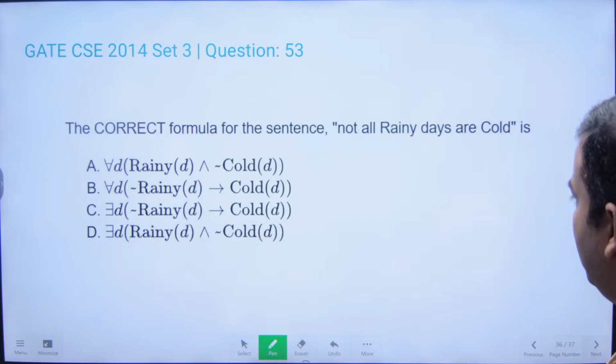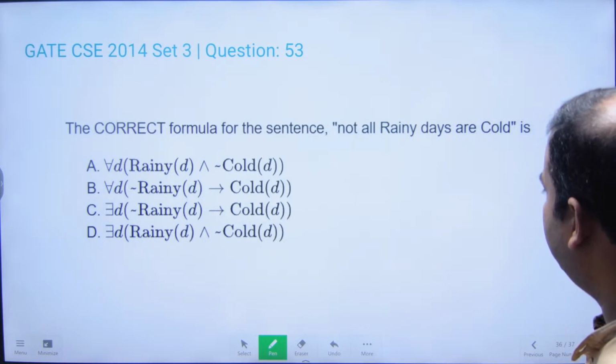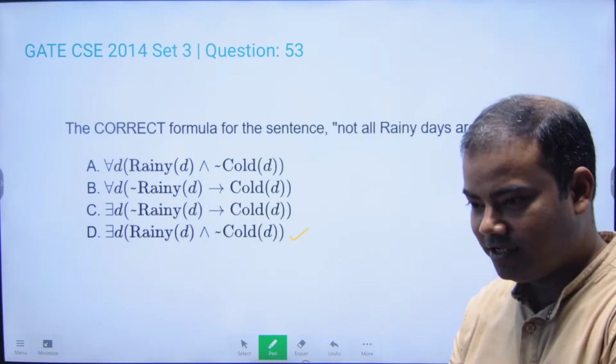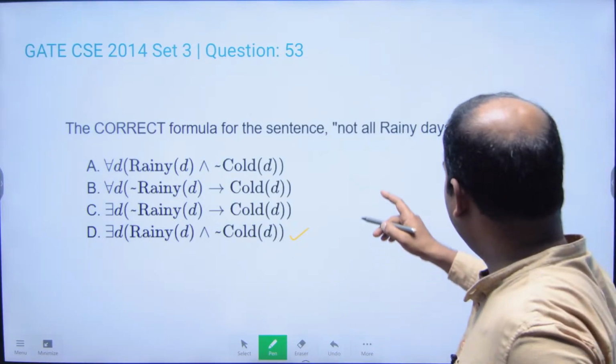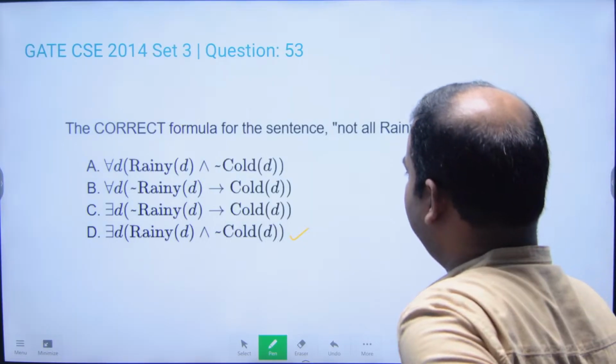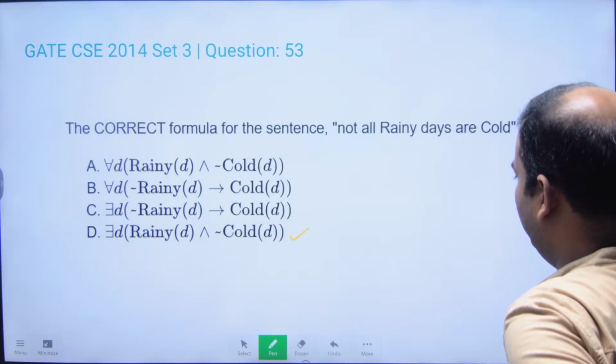Yes, not all rainy days are cold means there exists at least one rainy day which is not cold.